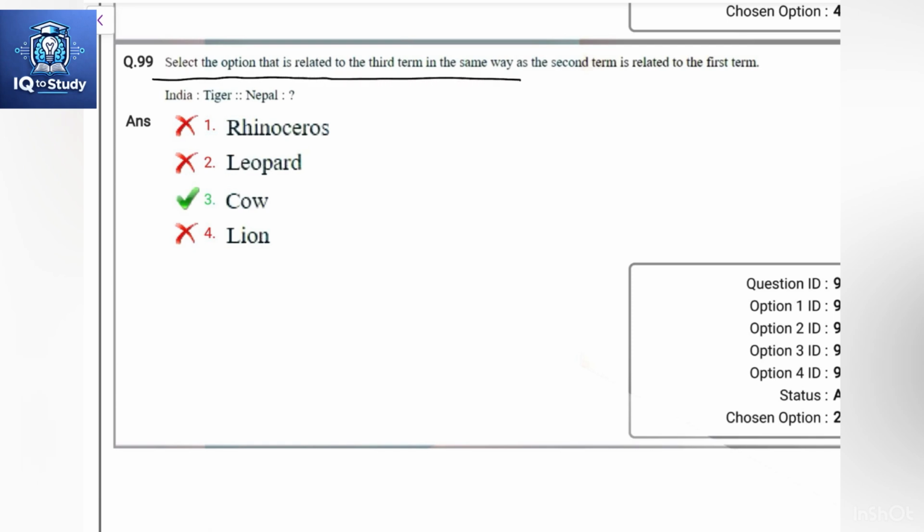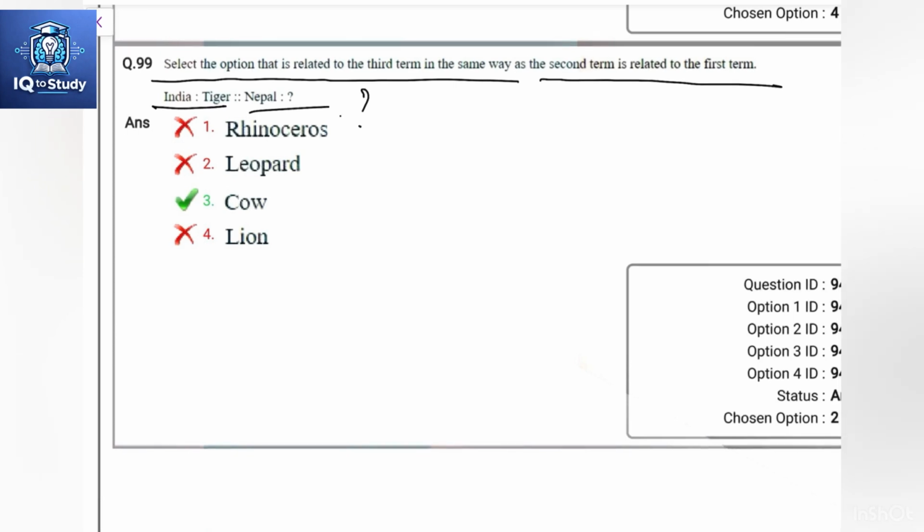Select the option that is related to the third term in the same way as the second term is related to the first term. India is related to tiger, similarly Nepal is related to what? Here, tiger is the national animal of India and similarly cow is the national animal of Nepal.